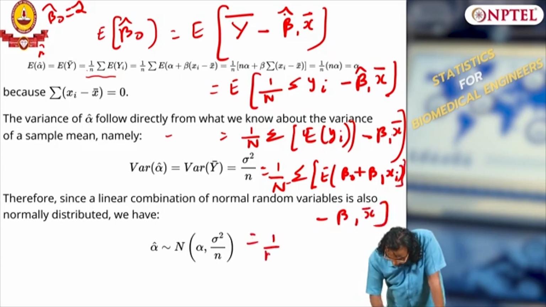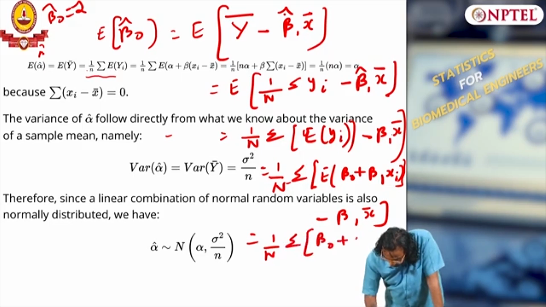So this is 1 over n summation: the expectation of beta naught is beta naught, the expectation of beta 1 is beta 1, times the expectation of x_i, minus beta 1 times x bar.